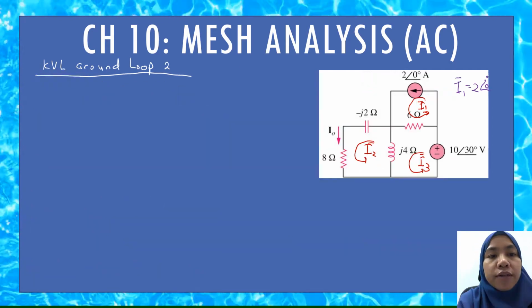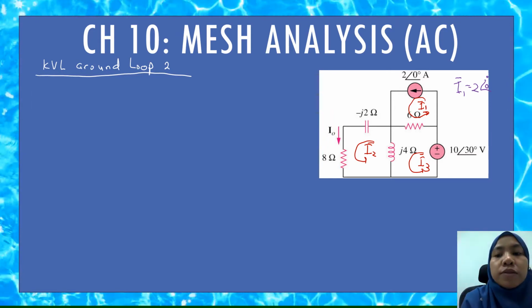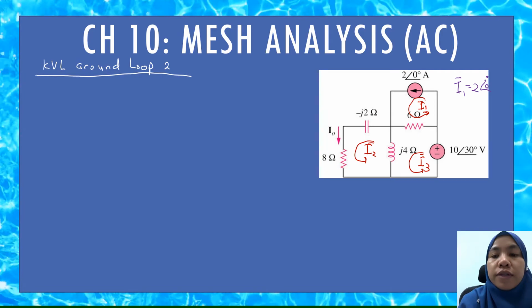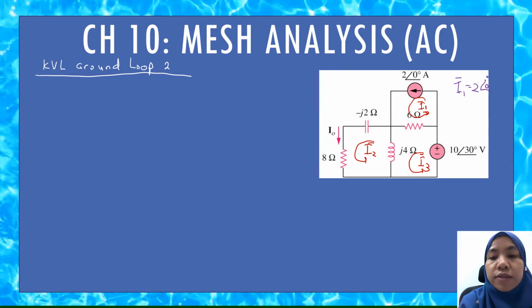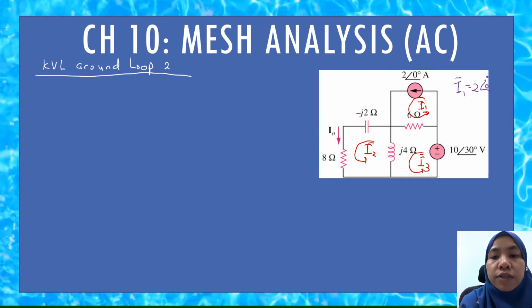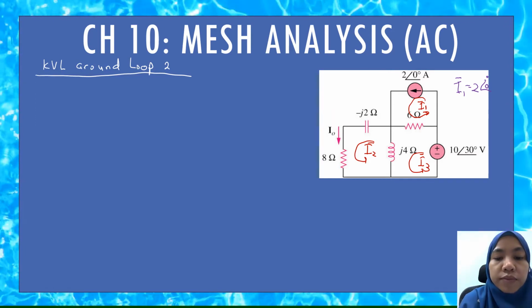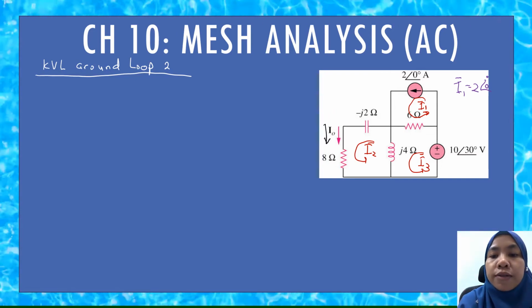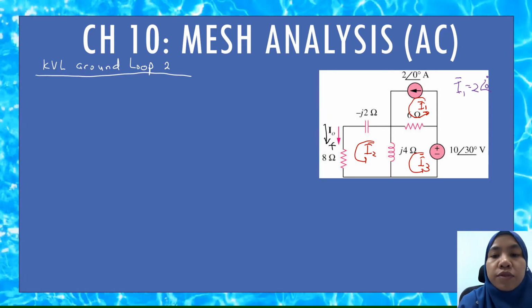Okay, KVL around loop number 2. We start from 8 ohms. The current direction of I2 is counterclockwise, and it is going into 8 ohms. Since 8 ohms is a passive element, you will have a positive.